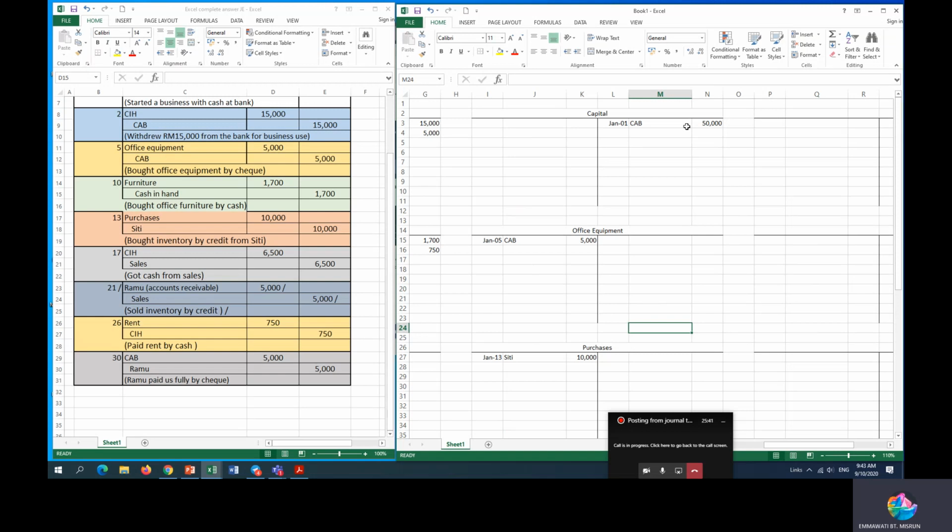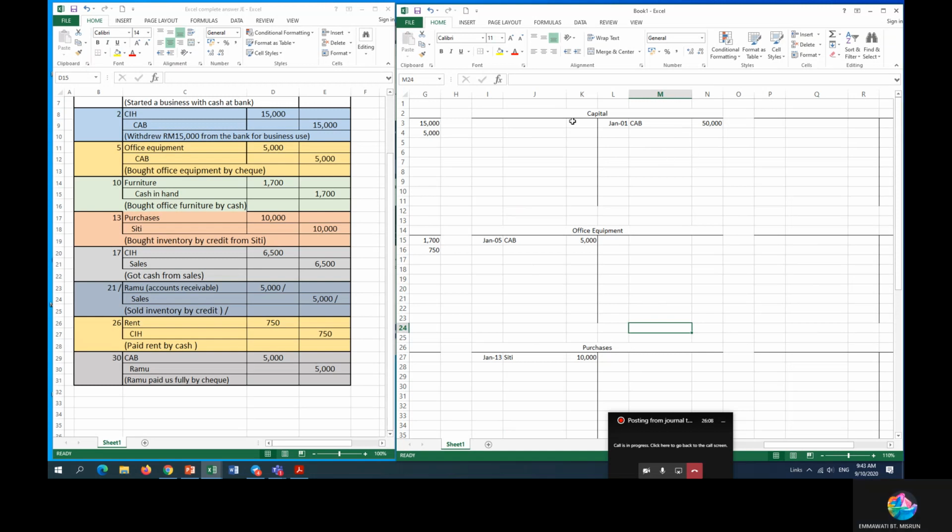In order for you to close this account, you must make sure that the amount on the debit equals the credit. Since we only have a credit entry, you need to have a balance on the debit side of the capital account because we want to make it equal.